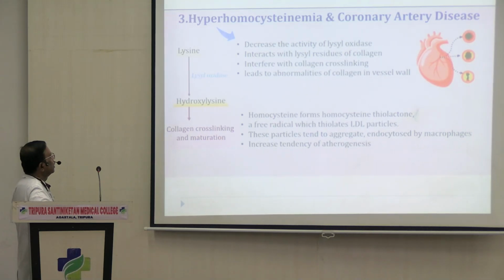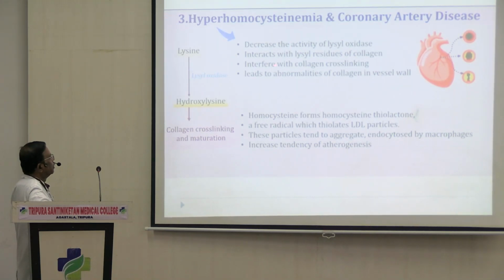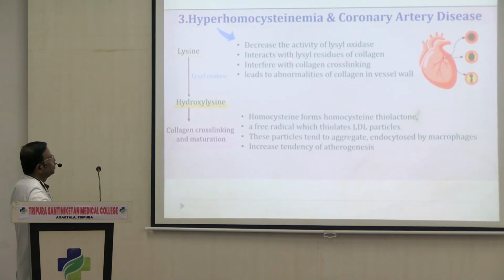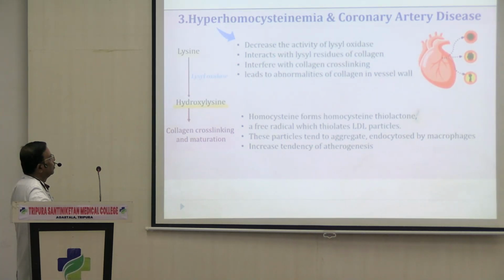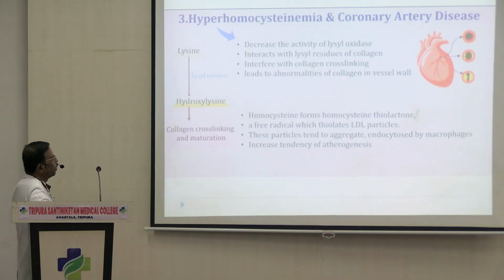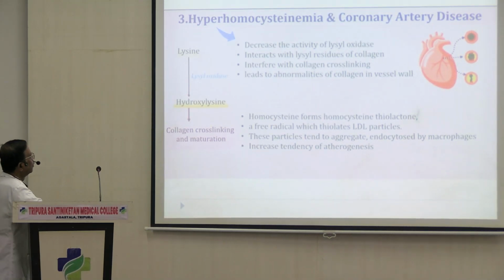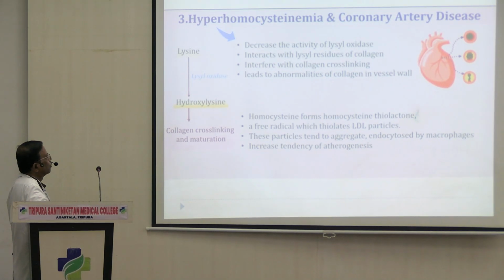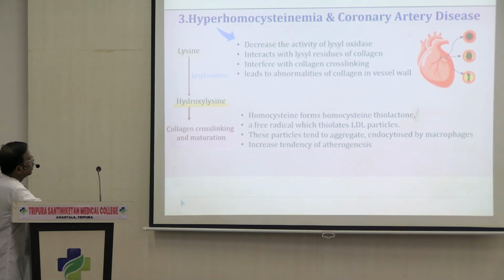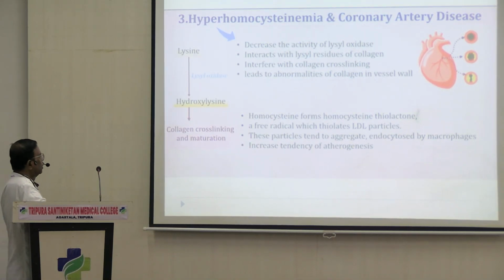Hyperhomocysteinemia and coronary artery disease. Homocysteine decreases the activity of lysyl oxidase, interacts with lysyl residue of the collagen, and interferes with collagen cross-linking, which leads to abnormality of the collagen in the vessel wall. These are the ways in which homocysteine interferes with normal function.